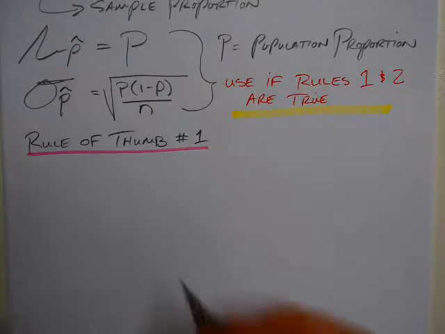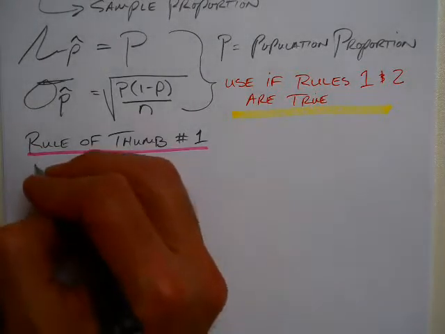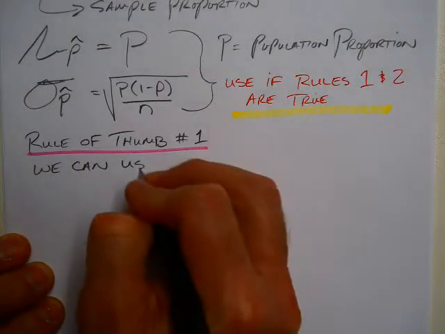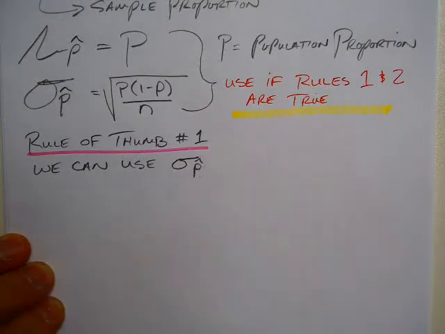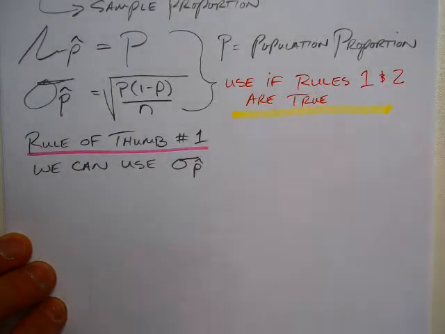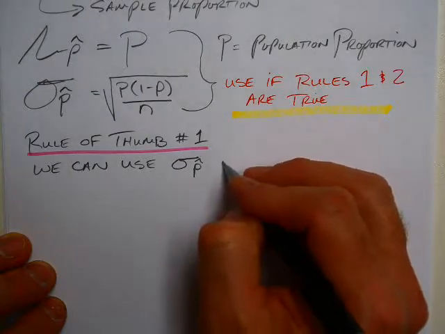I like that. We can use sigma p hat only when the population is at least 10 times as large as the sample.